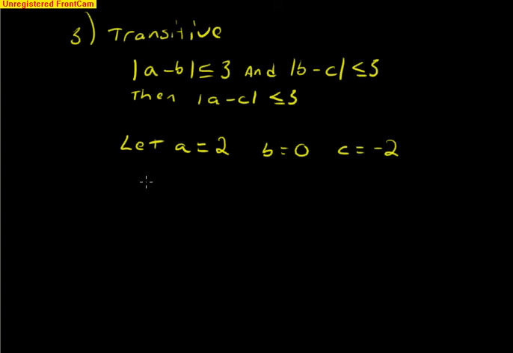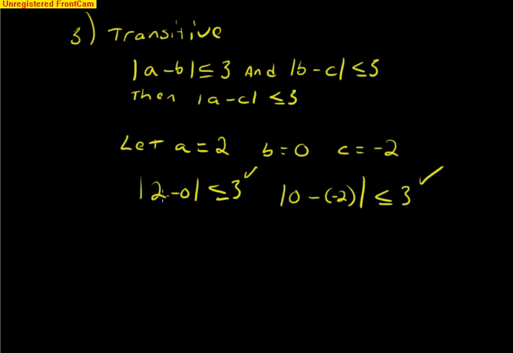Well, let's see what happens here. We've got absolute value of 2 minus 0 is less than or equal to 3. That's true. 2 is less than 3. And b, 0 minus negative 2, absolute value is less than or equal to 3. Well, this is 2 again. This checks out, so these numbers give us a true hypothesis.